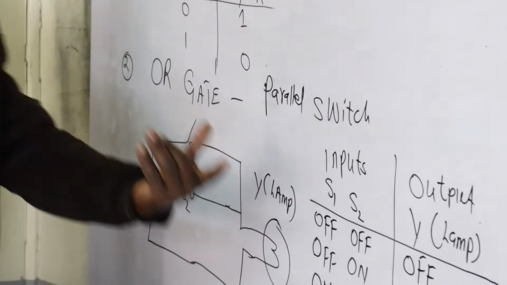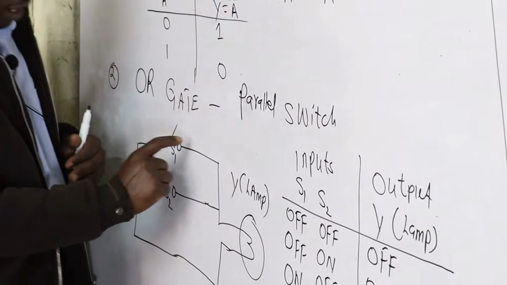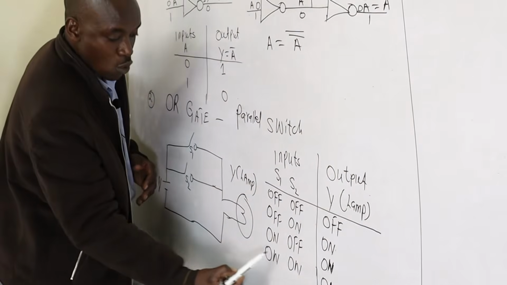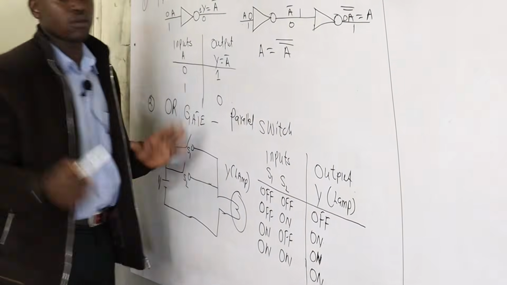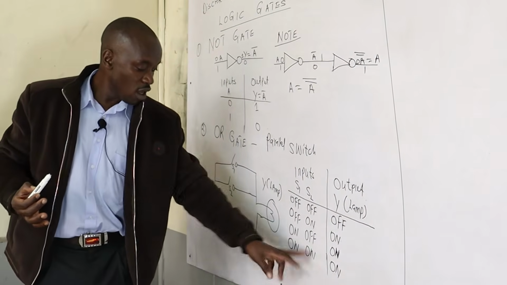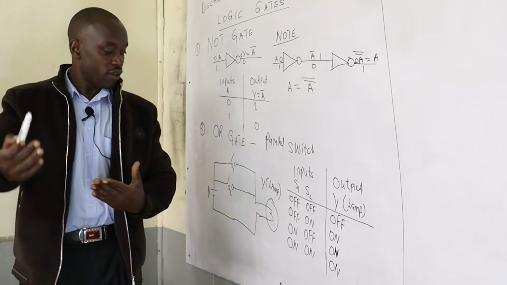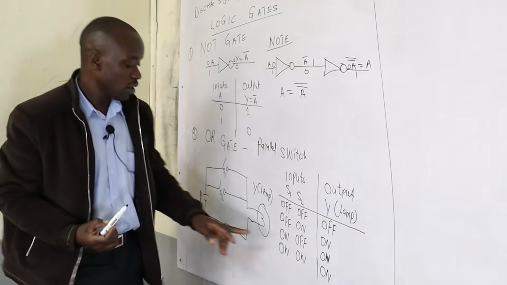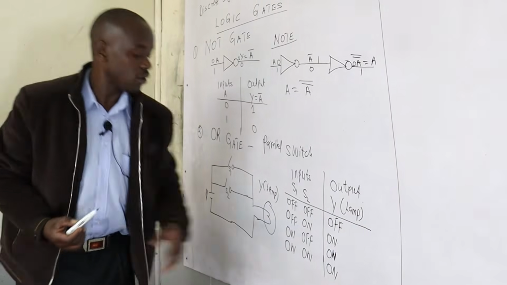Because now when it comes to the truth table, we are not going to draw this, other than we want to use this to explain what happens when the two switches are on at the same time. So if 1, 1, which means two switches on, we can get that our lamp is on. So from there, that's why we say in the OR gate that 0, 0 will be 0, 0, 1 will be 1, 1, 0 will be 1, and 1, 1 will be 1, or will be on.